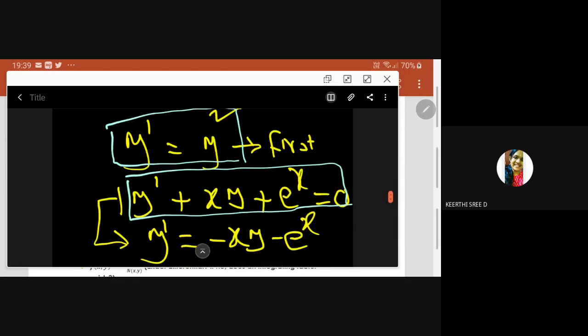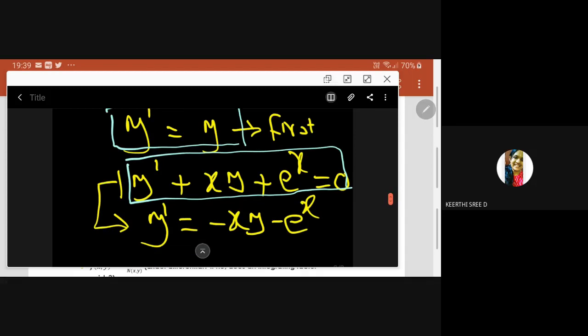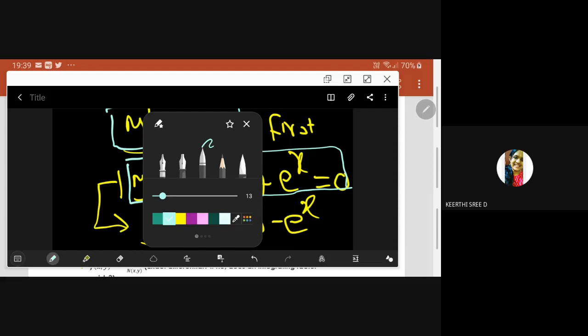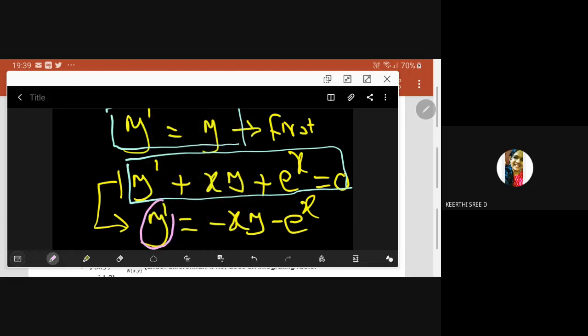But see here, we want to get a particular form. If you look at this form, you are putting on the left hand side y dash, and the remaining part is on the right.